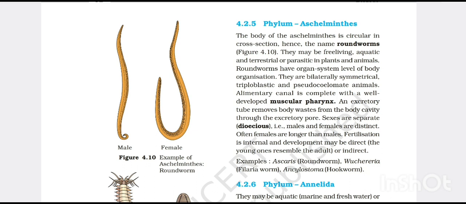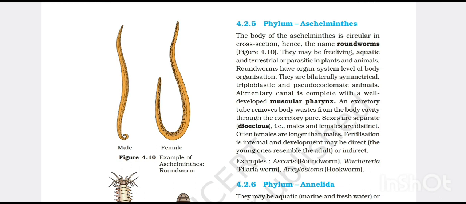Their body can be divided into two equal halves. They have the same left and right side. Triploblastic, that means they possess three germ layers during embryonic development: ectoderm, endoderm and mesoderm. Then they are pseudocoelomate. They do not possess a true coelom or body cavity.